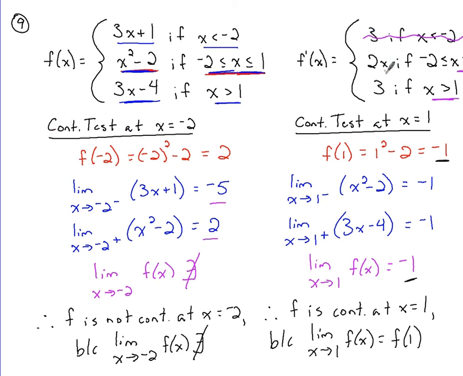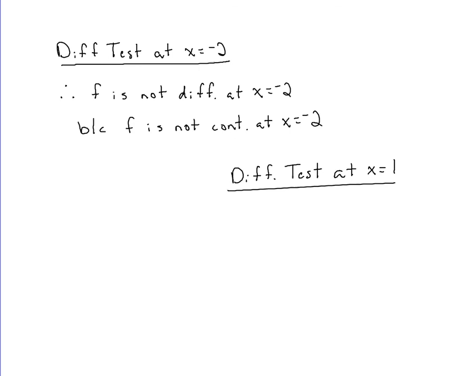We just need to explore what's happening with the 2x and the 3. So if I come back over here, this is what I want to know. I want to know what the value of the derivative is at 1 as I explore this from the left. And I also want to know what the value of the derivative is at 1 as I explore it from the right.